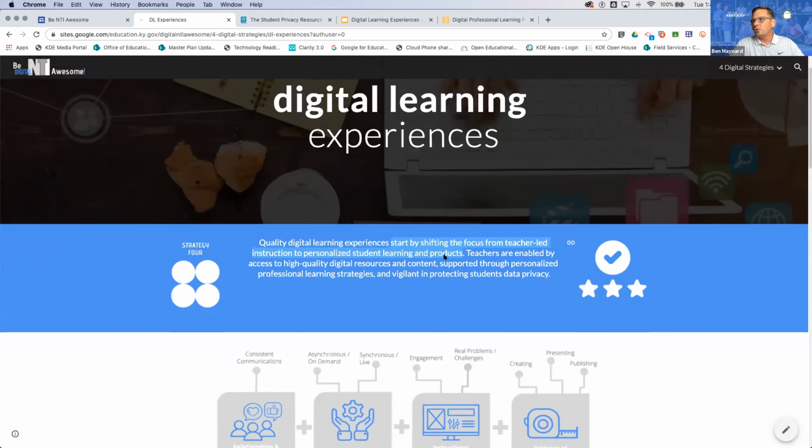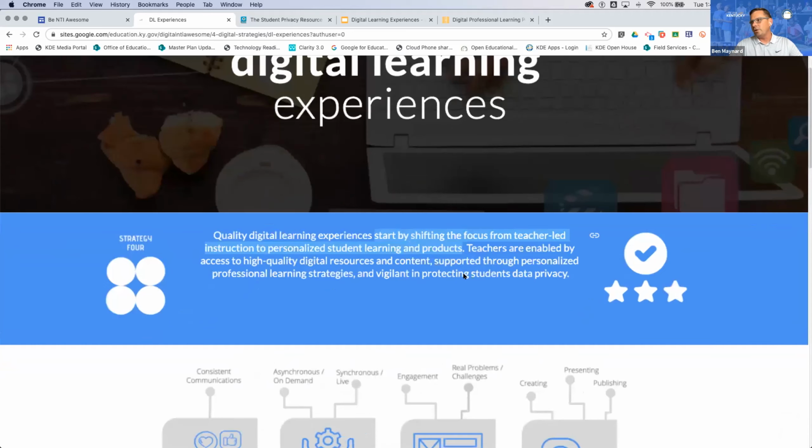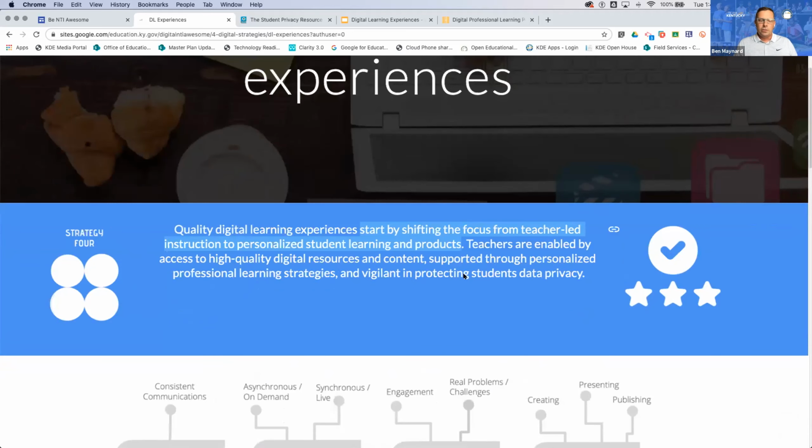And Jeff, I just wanted to follow up a little bit on what you're saying. To manage the shift, I think we need to understand what the shift is. One of the things we were able to lay out in the digital learning experiences portion of this, and I highlighted it here, is that, as Dr. Park said today, teaching does not always equal learning, right?